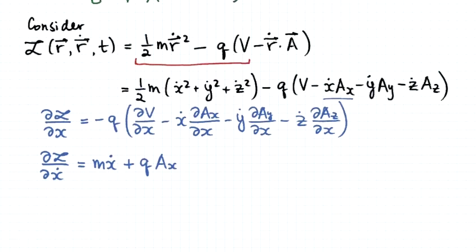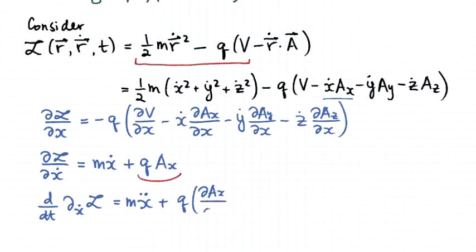Now, to find the right-hand side, we have to find full derivative of time of this partial derivative, which becomes, the first term gives us m x double dot. In order to find full time derivative of the second term, we have to use chain rule, which will give us partial derivative of A sub x with respect to x times full derivative of x with respect to time, which is x dot.